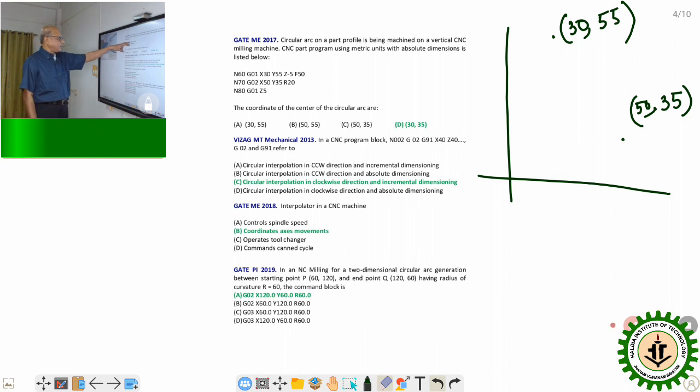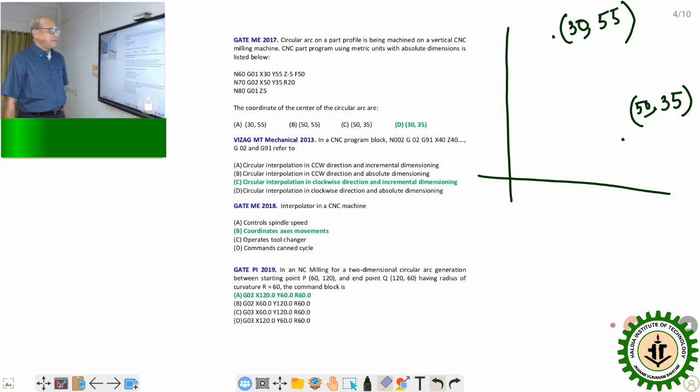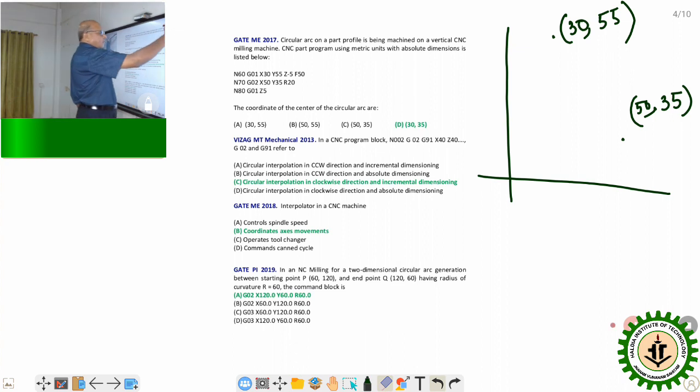First of all, as far as the Z axis is concerned, this is regarding depth. So you need not bother about depth, because the entire depth is provided at the very beginning of the program, that is in the N60 block. In N70, the tool will move from the starting point having coordinate 30, 55 to the destination point 50, 35. Now if I follow an arc something like this, let us draw it in a dotted manner.